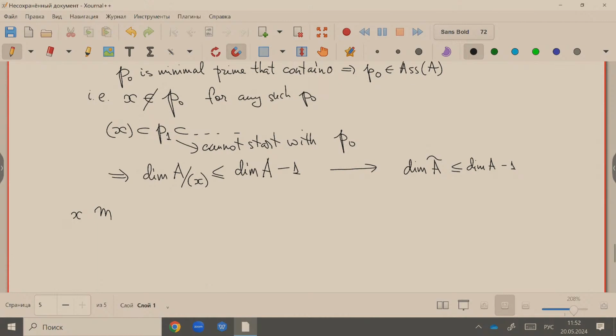Since x belongs to M and x does not belong to M square, if you put N to be M modulo x, then the dimension of N modulo N square is equal to the dimension of M modulo M square minus something.